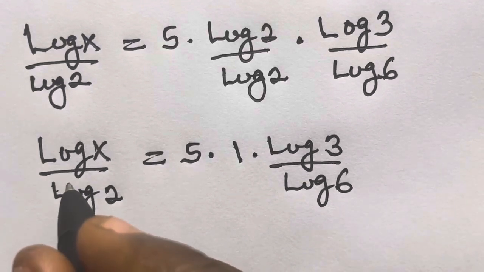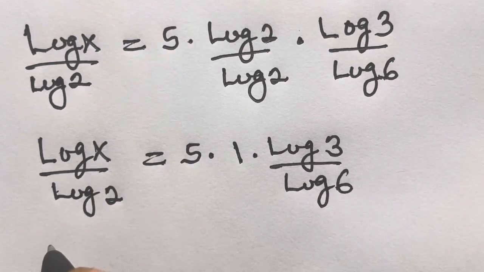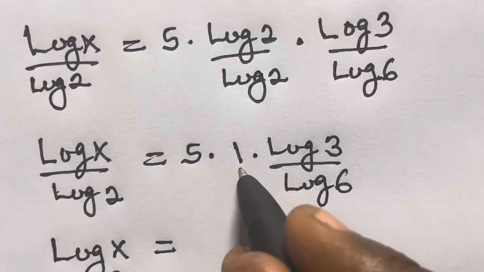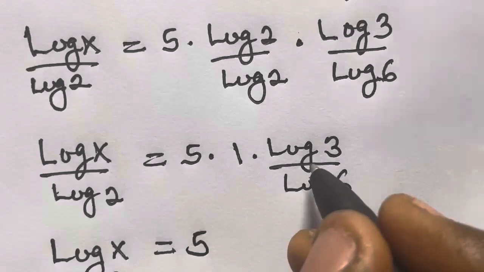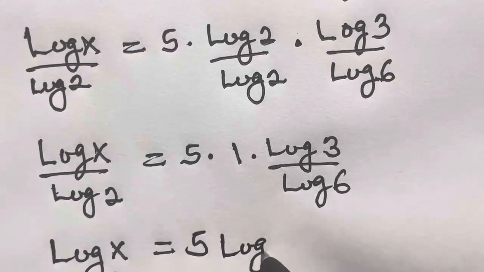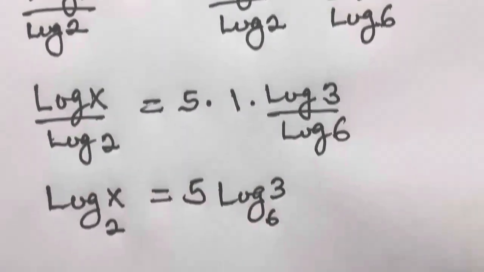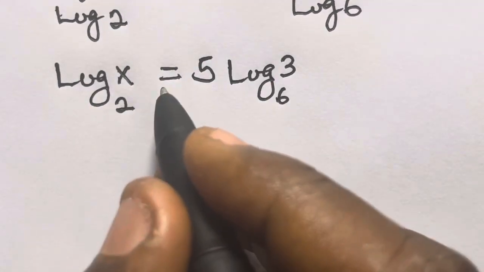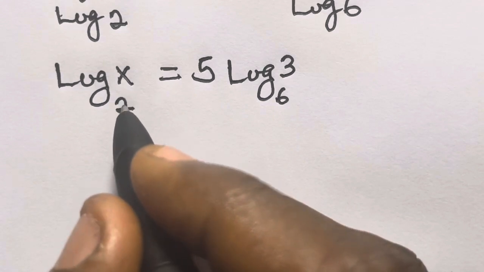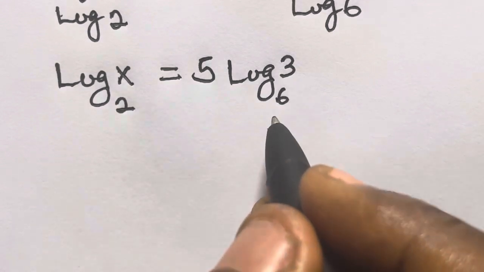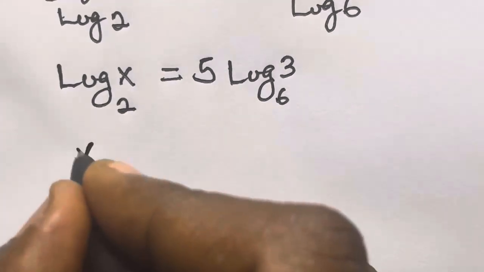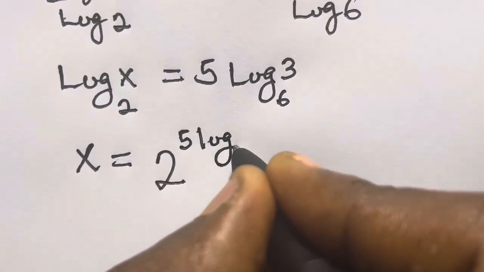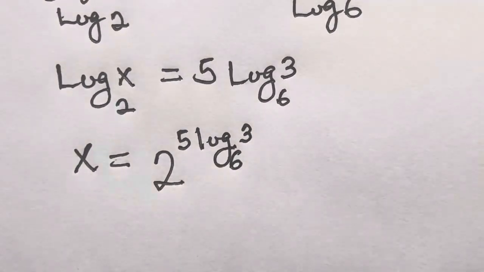We've already explained that this becomes log x in base 2 equals 5, then this will become log 3 in base 6. Having arrived here, we've already explained that this becomes 2 raised to power 5 log 3 in base 6 equals x.